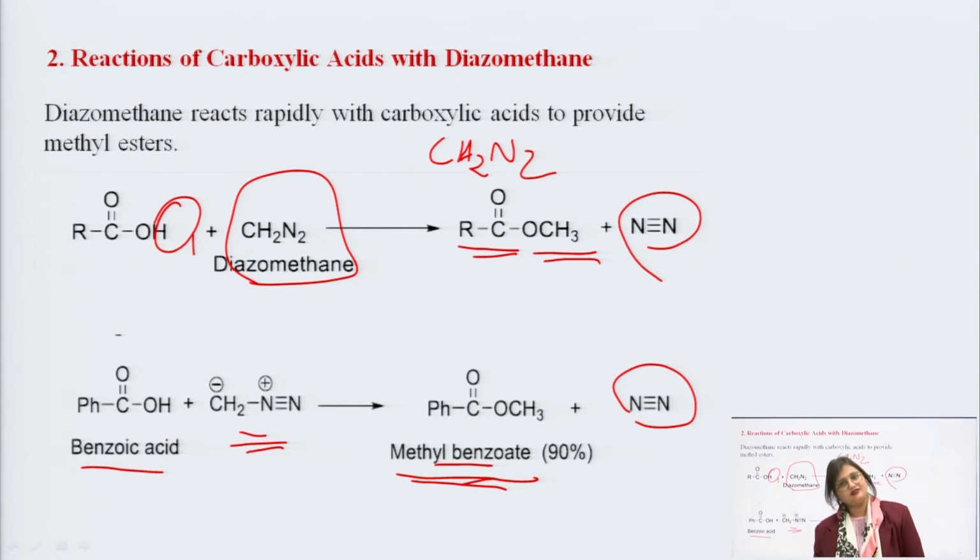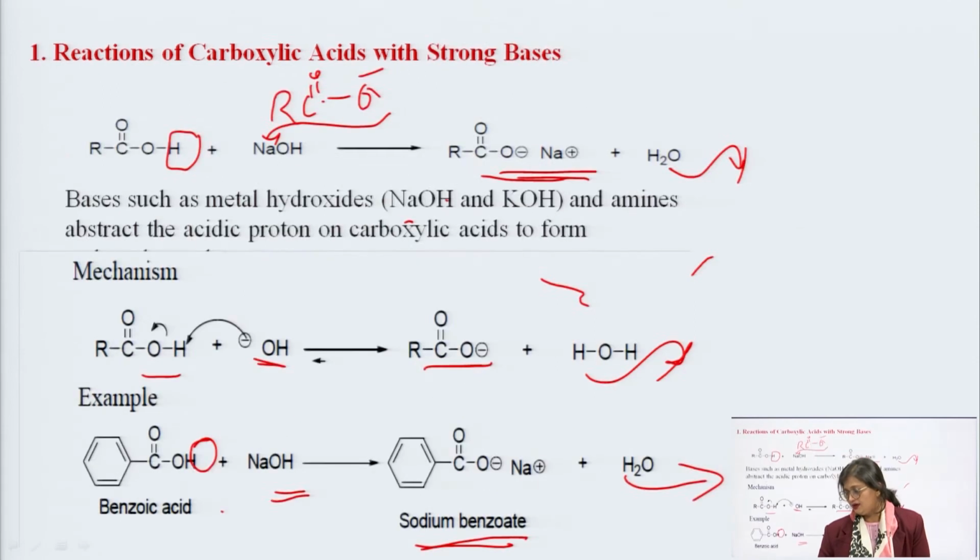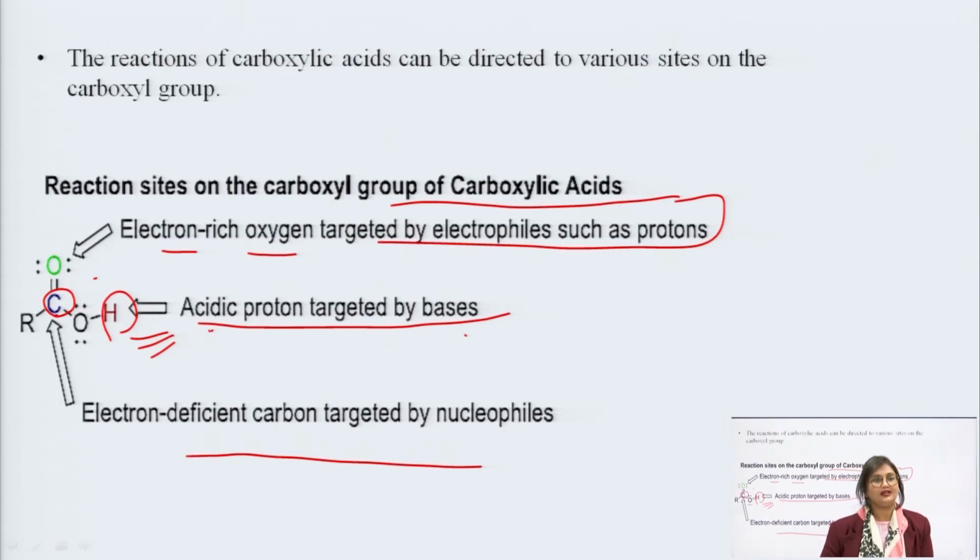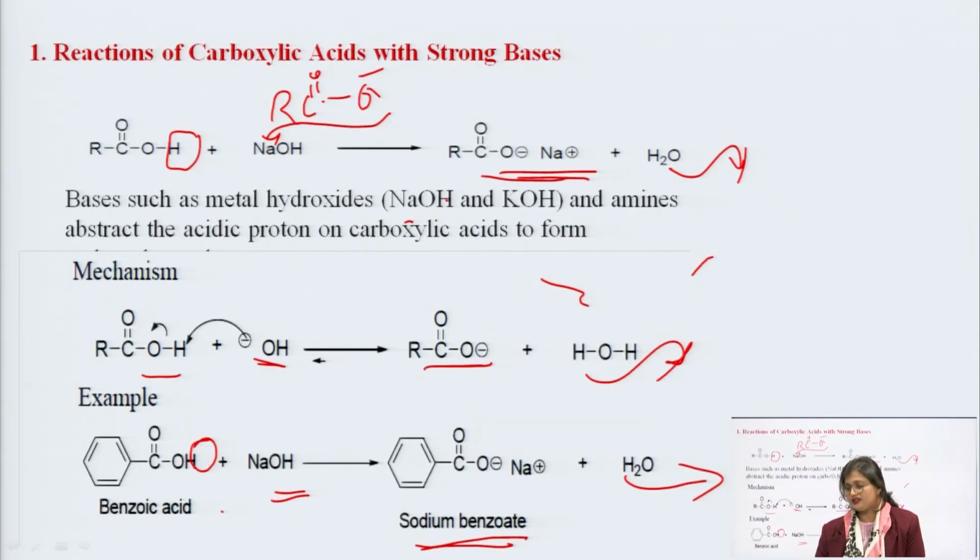So, this is how our first prediction came true, wherein the acidic proton is targeted by bases. This hypothesis, or this first principle, is substantiated with the help of two examples, where carboxylic acid reacts with sodium hydroxide to form the respective salt.